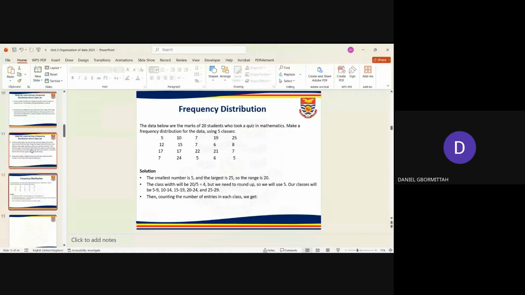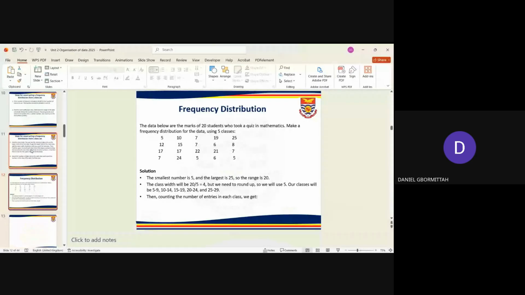So when we pick the class 5 to 9 using inclusive class intervals, we include all numbers equal to 5 in that class, and all numbers equal to 9 in that class. That is the inclusive class interval.